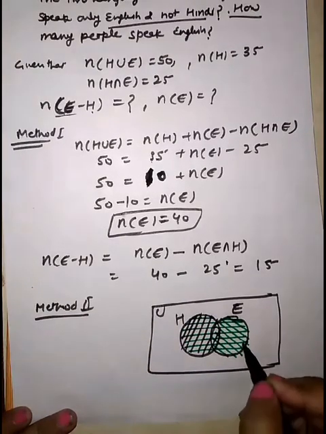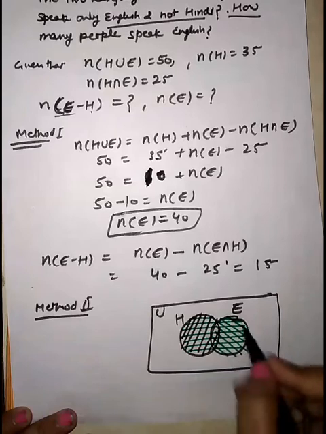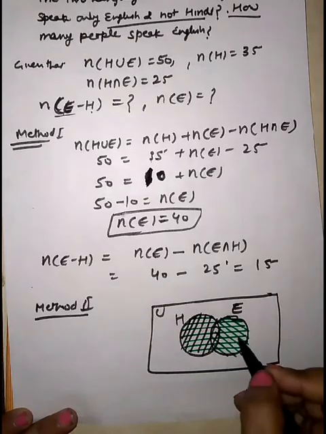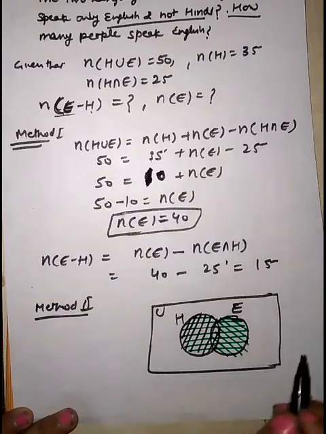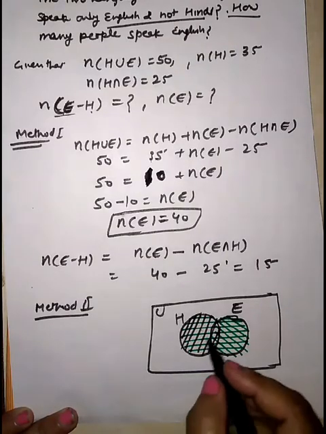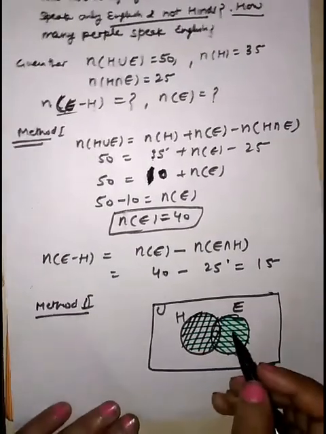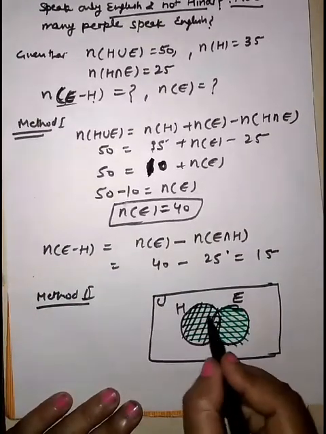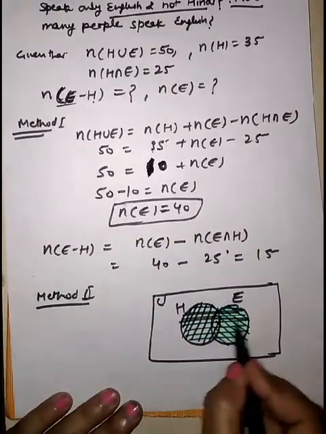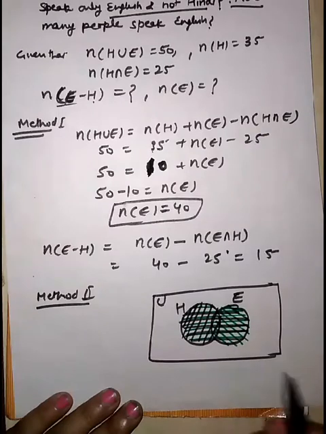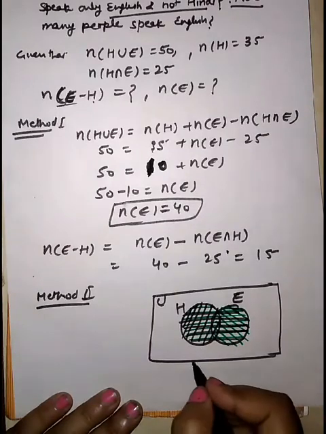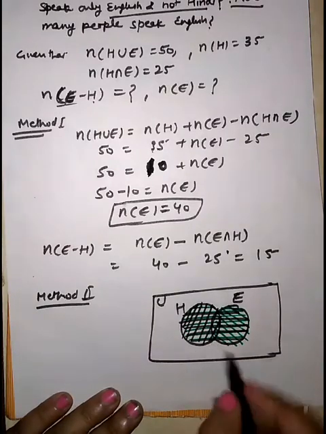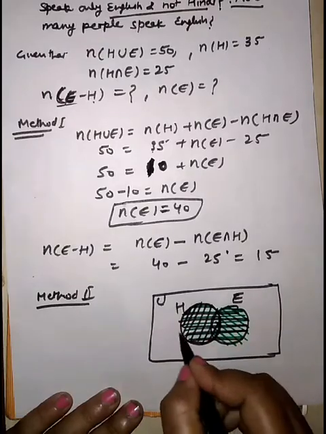Here you can see you have the total values. This is 50, and n(H) is 35.